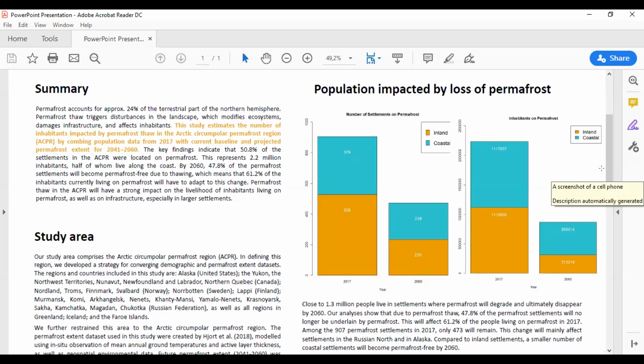Is that right? Yeah, the permafrost extent model is mainly based on ground temperatures and other parameters.